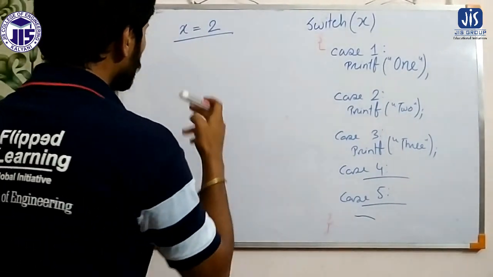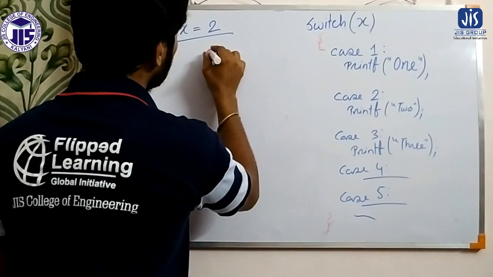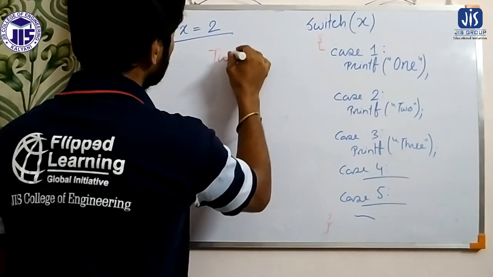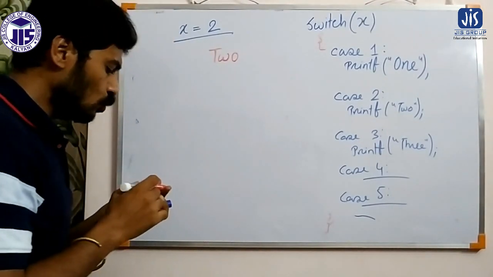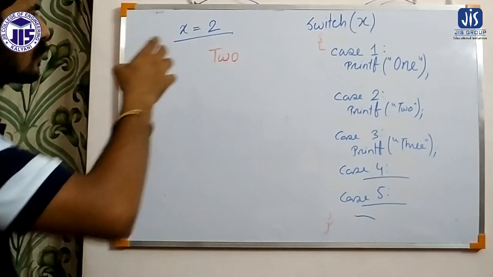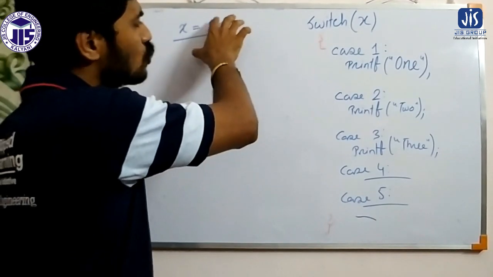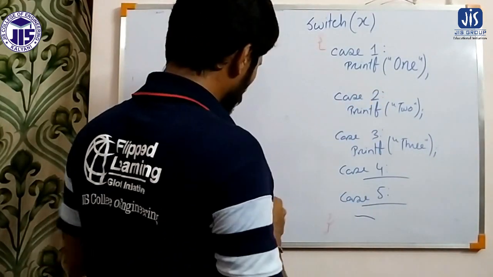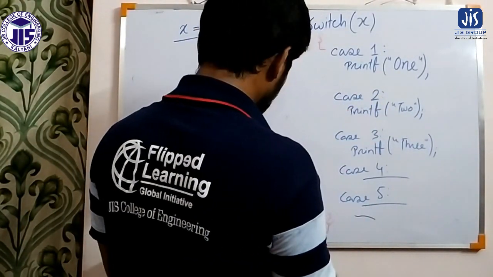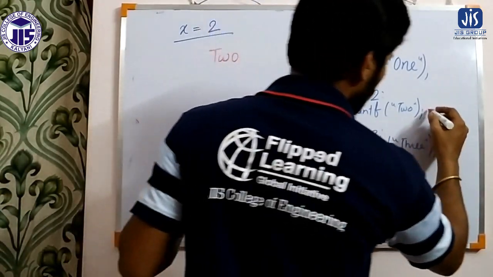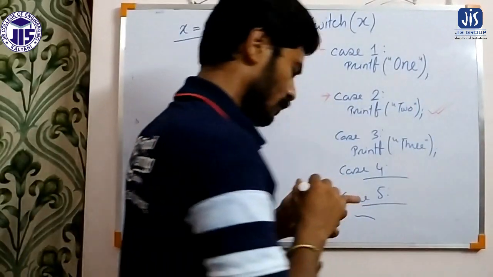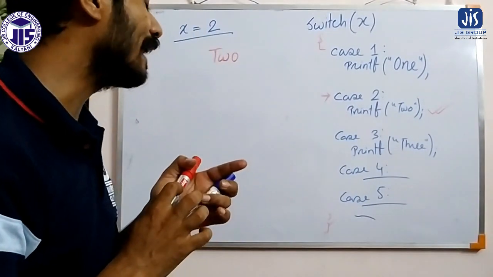The correct output should be only 2 should get printed. Okay, 2 should get printed because my variable x value is 2 and the case value is 2. So only for this case we will find a match, and this statement should get executed. That is the correct output that we should get.